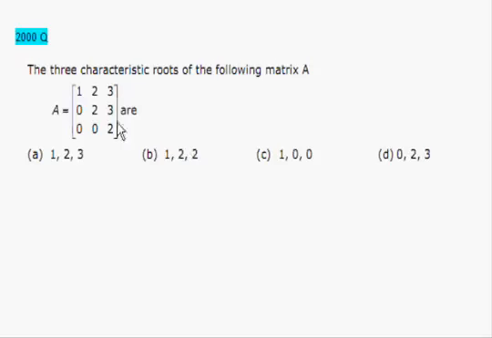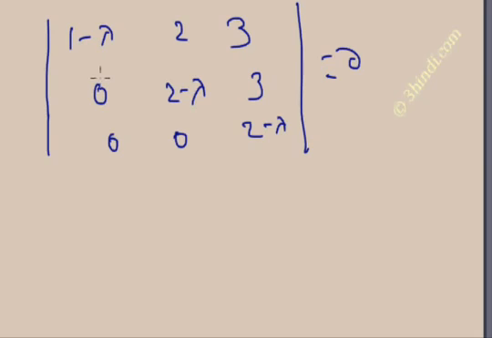This is the question of 2000. The three characteristic roots of the following matrix. Characteristic roots mean eigenvalues. You are required to find the eigenvalues of this matrix. The process is the same as the previous one: 1 minus lambda, 2 minus lambda, 2 minus lambda, and the determinant equal to 0. You are required to solve this characteristic equation.